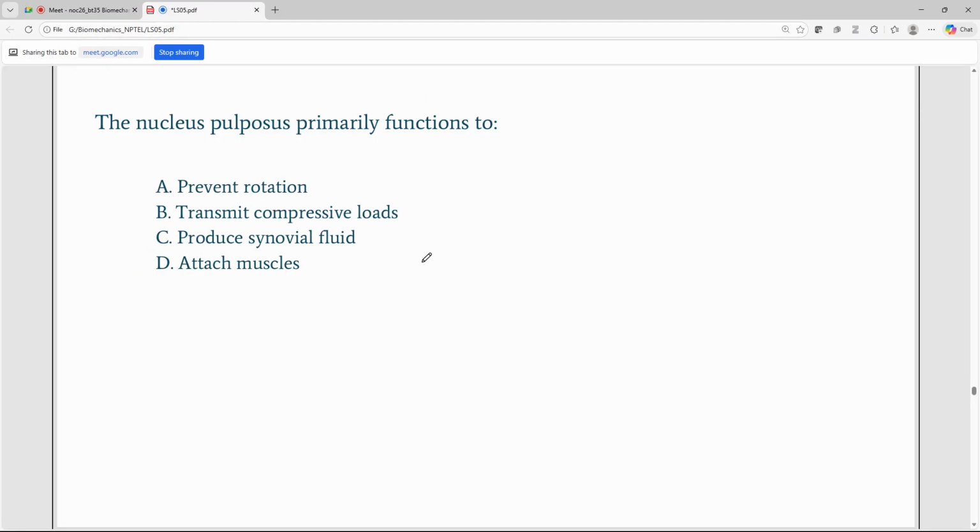Try to answer the question. What is the primary function of nucleus pulposus?